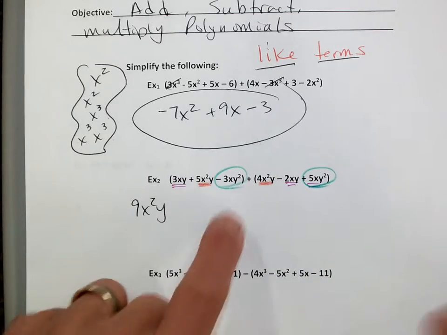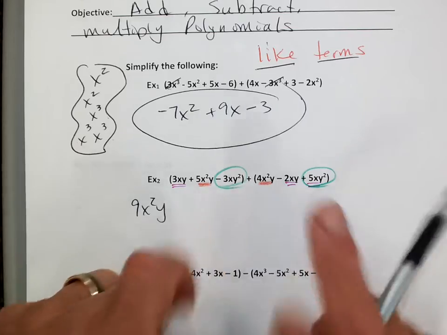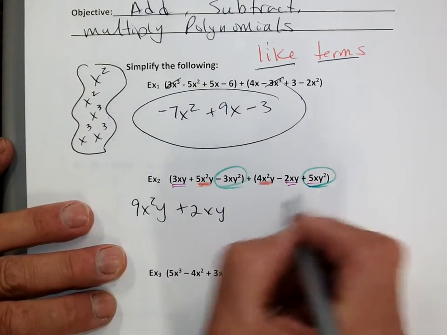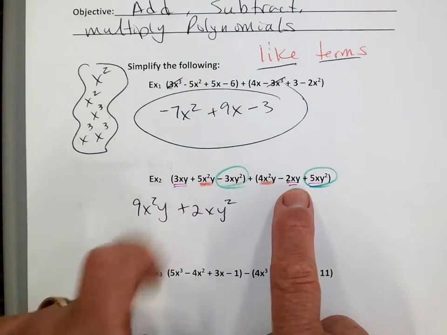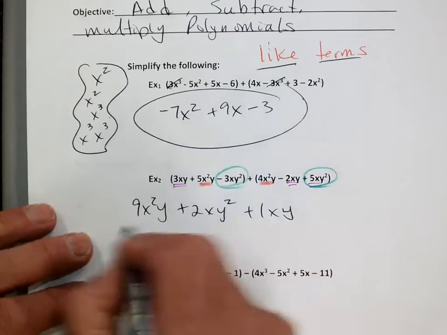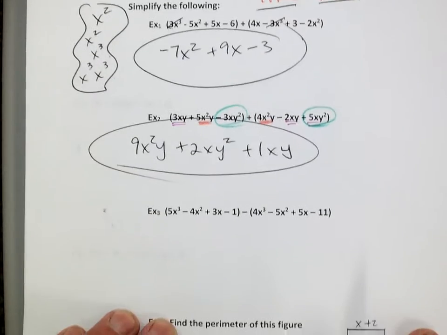So if I put a negative 3xy with a positive xy, I'd have a positive 2xy squared. And then finally, here we go, 3xy minus 2xy makes a positive 1xy. And that's it. Can't combine any more of them. We're done. Okay, shift it up to number 3.